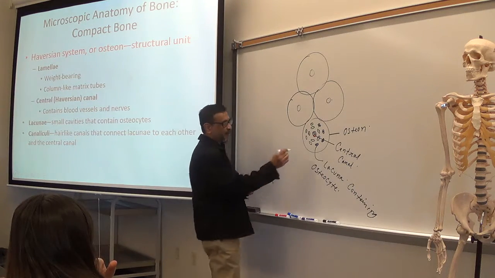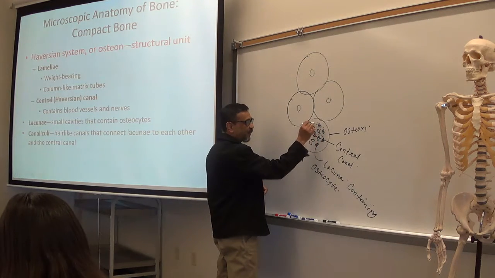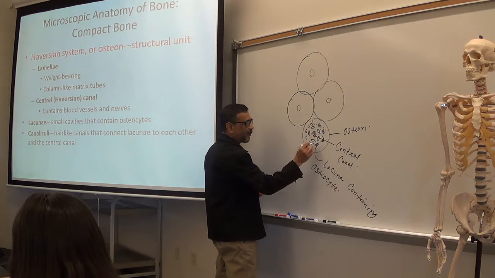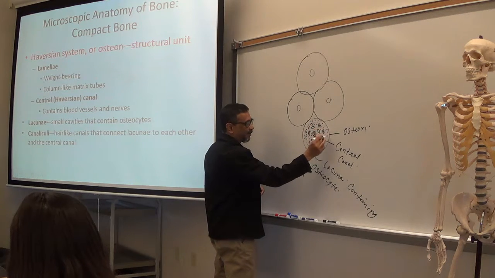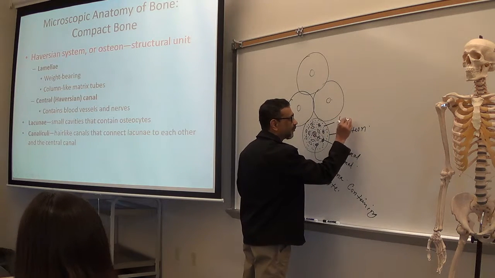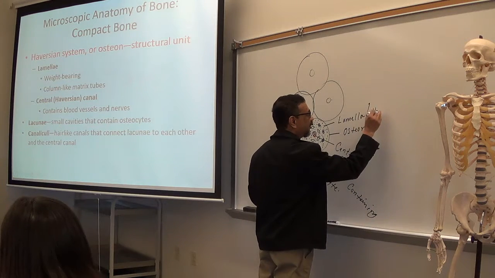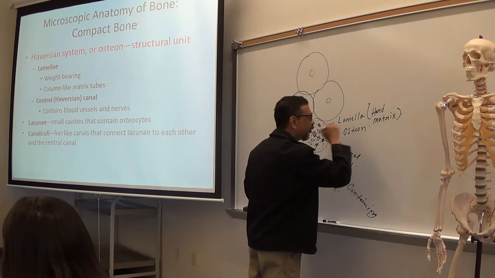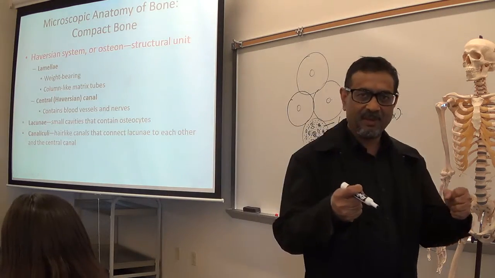Now, in between the lacunae, the space is filled with the hard matrix of the bone that is called lamella. So lamella is everywhere, which is the hard matrix of the bone, and lamella gives the hardness of the bone.